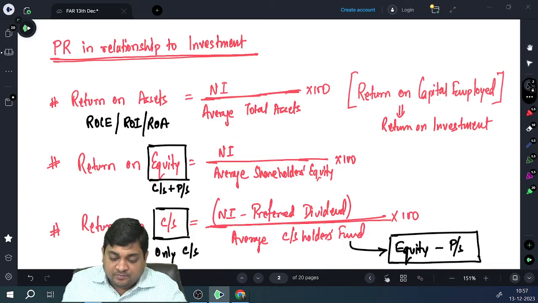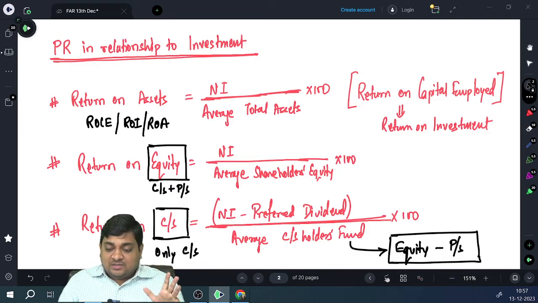So these are profitability ratios in relation to investment.